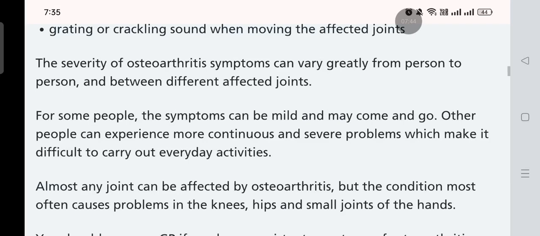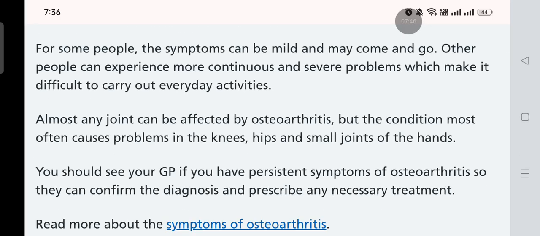For some people, the symptoms can be mild and may come and go. Other people can experience more continuous and severe problems which make it difficult to carry out everyday activities.